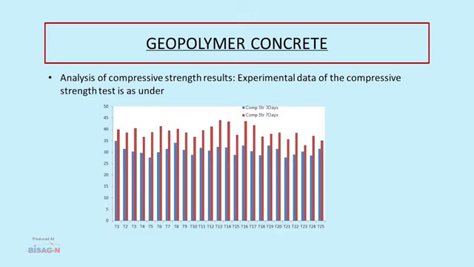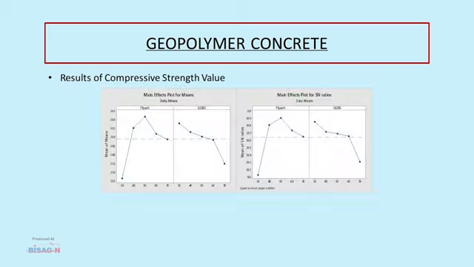Analysis of the compressive strength results from the experimental data, we see in the form of a histogram. The results shown here show that 50% fly ash and 30% GGBS are the optimum values for achieving the best compressive strength.